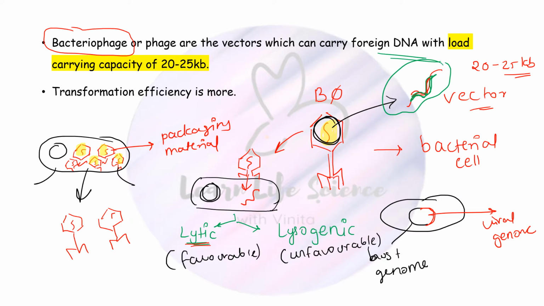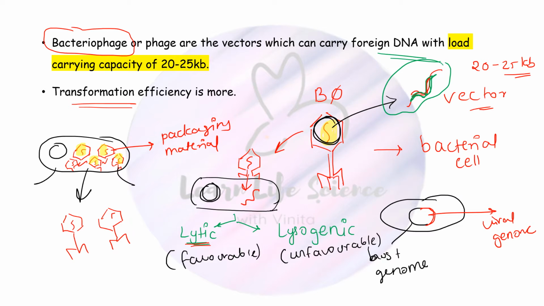And you can see that the load carrying capacity is large enough, and therefore the transformation efficiency is also found to be higher. Transformation efficiency means the successful transfer of the vectors into the host cell, for the expression to occur. So this was the first part of bacteriophage.